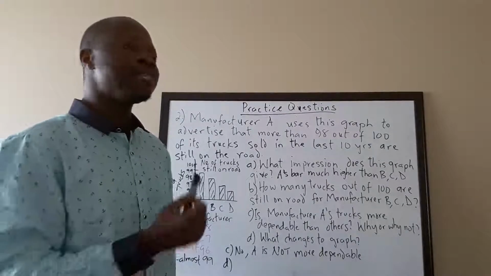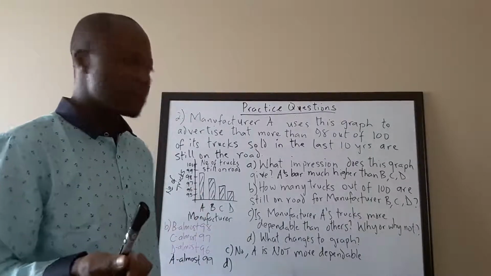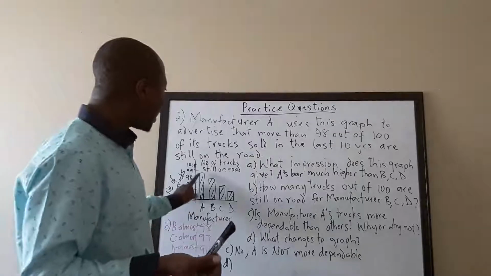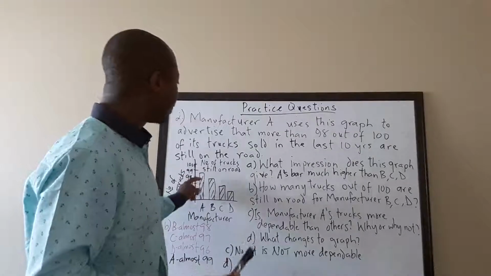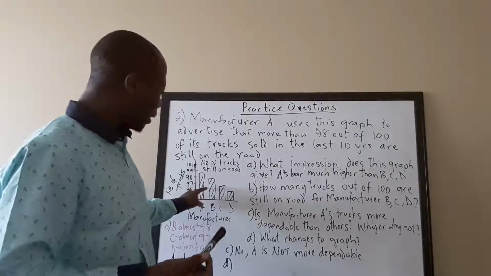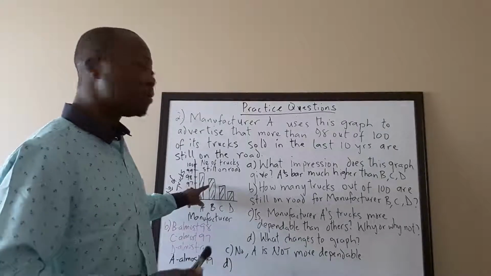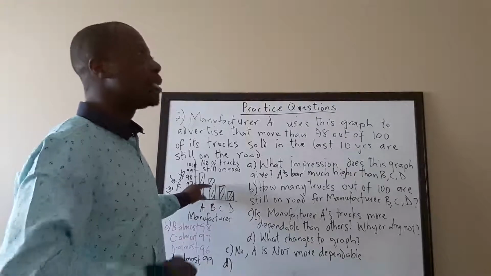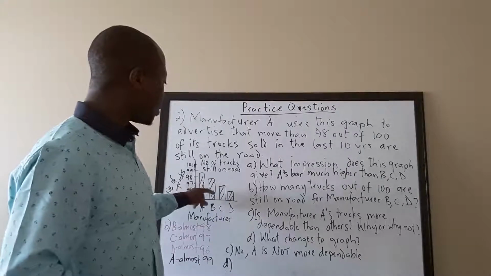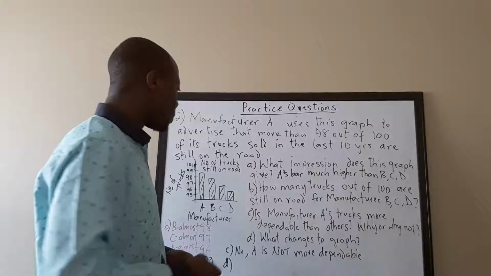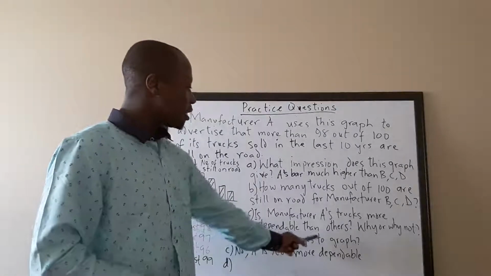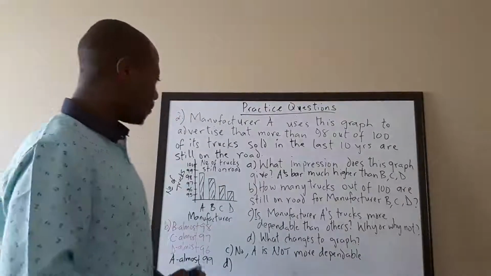So this is a misrepresentation of data, because the height for A is considerably more than the height for B, which is considerably more than C and D. So what changes can we make to the graph?